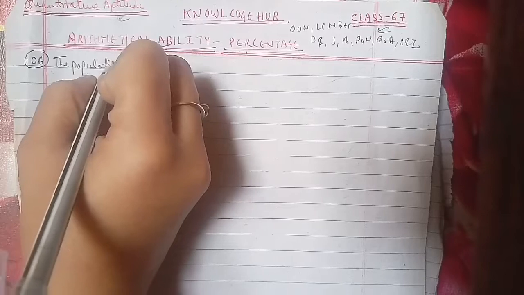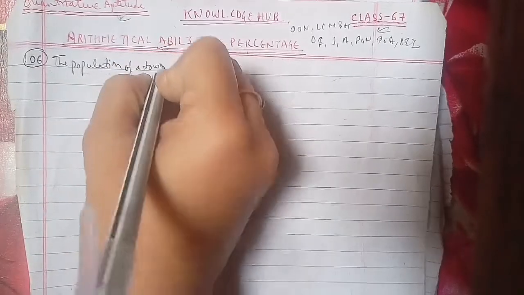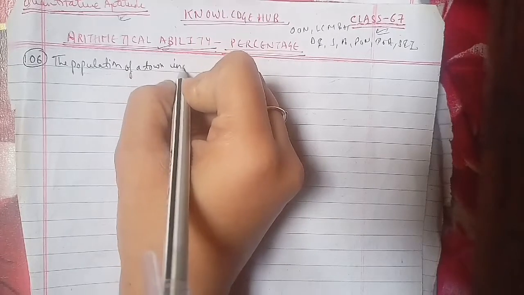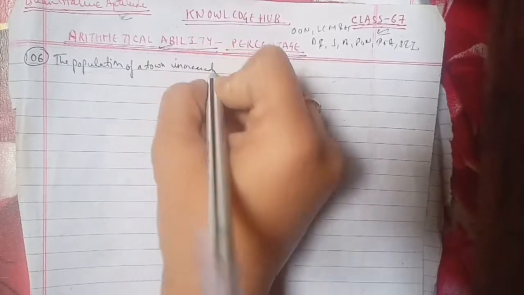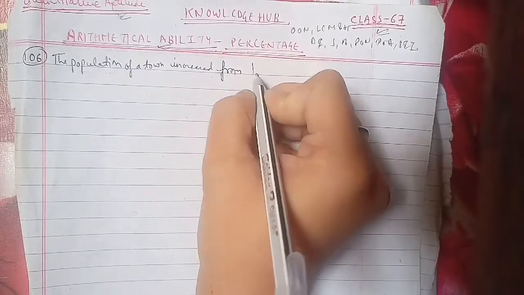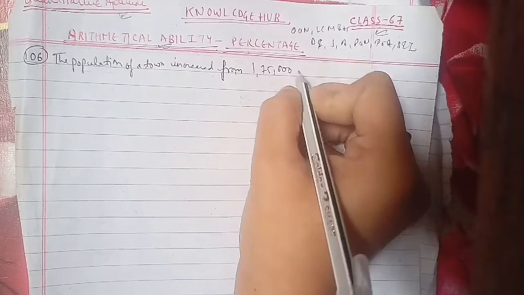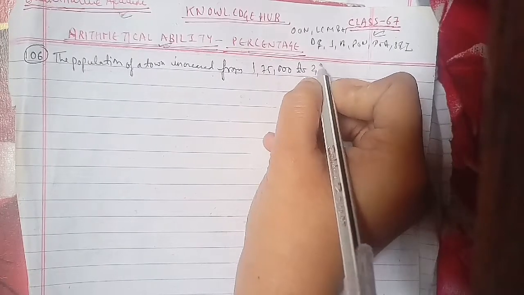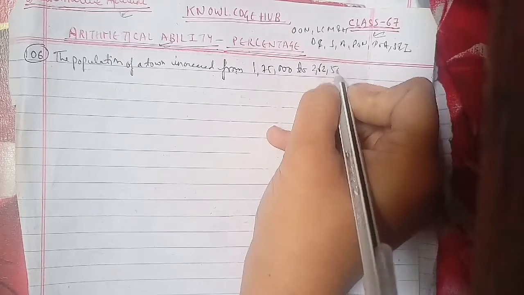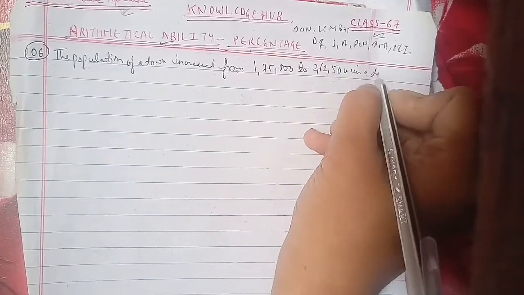The population of a town increased from 1,75,000 to 2,62,500 in a decade.